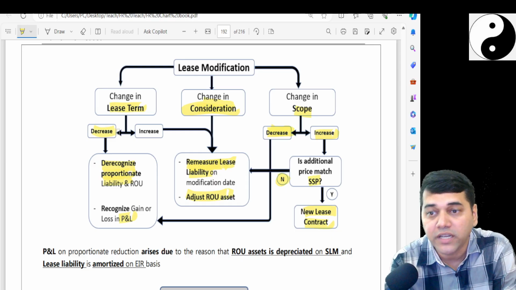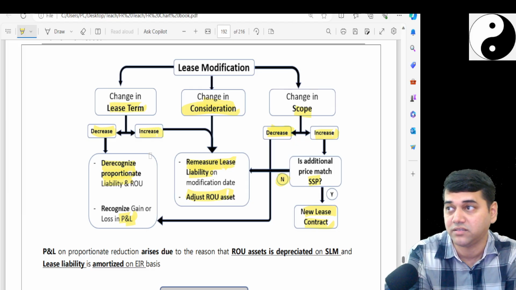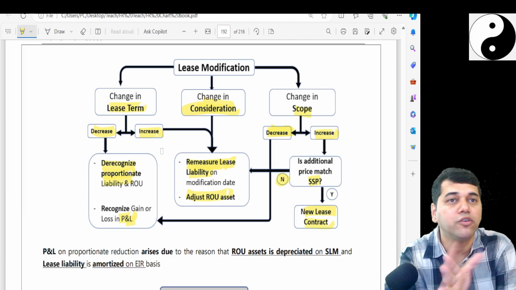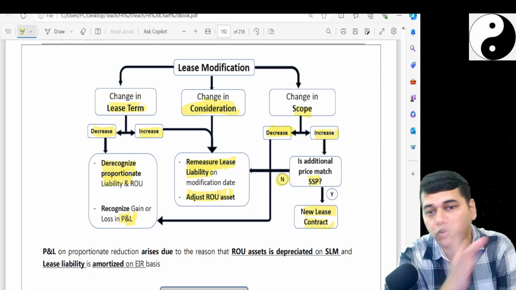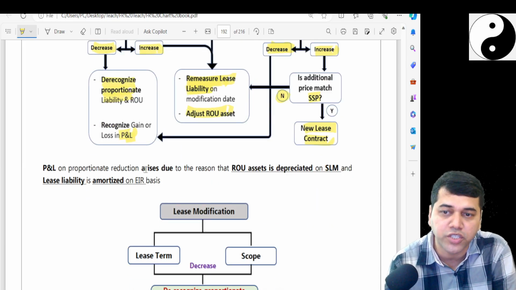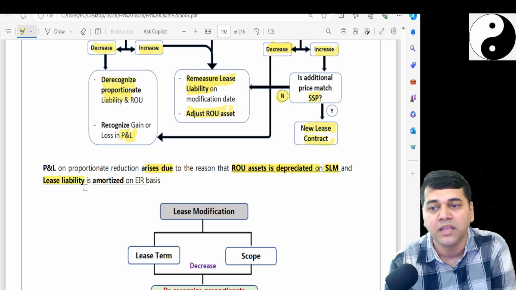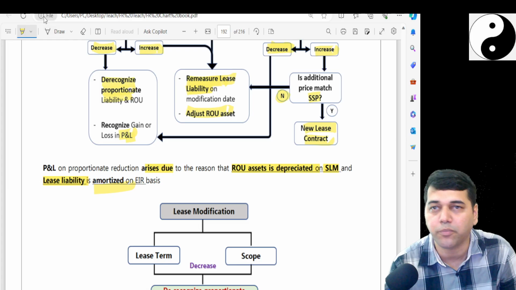My term got decreased, P&L is going to come into the picture, but if the term is going to increase, then I don't recognize P&L. Okay, go and do the remeasurement. And for consideration, doesn't matter. So P&L on proportionate reduction arises only because ROU is depreciated on SLM while lease liability is amortized. Otherwise, this problem would not have come to you.